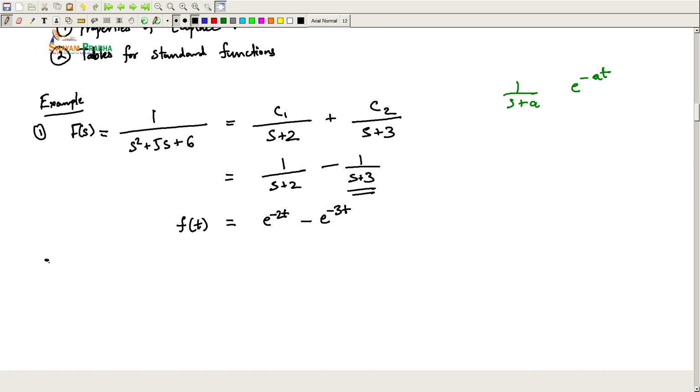Now let's look at another example. Say we have f of s equal to s plus 1 divided by s square plus 4s plus 13. Let us focus on this particular denominator.